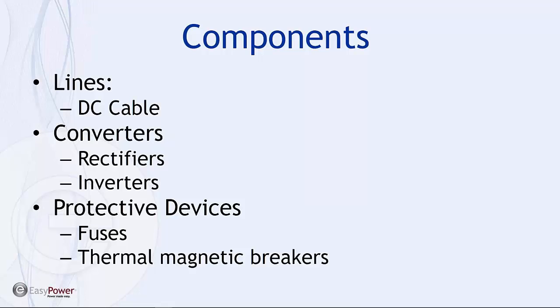Converters that require attention include rectifiers and inverters, and then very much the time element involved in doing the arc flash calculation is going to be a factor of the protective devices, and the tools utilize the manufacturer's data sheet for fuses and thermomagnetic breakers much the same as we do on the AC side of the world.